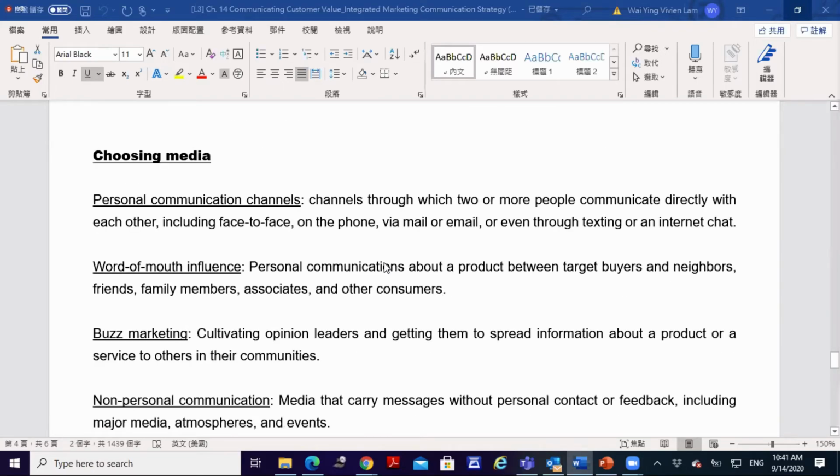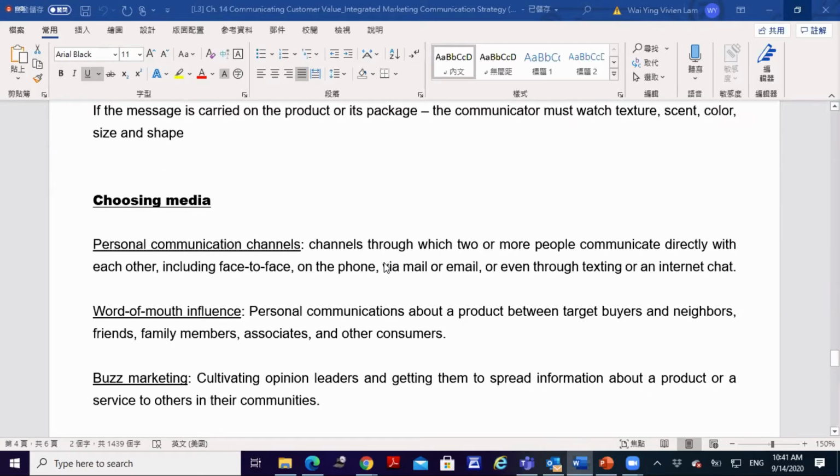This one is buzz marketing, okay? That means you try to let others talk about your product, spreading information. You need people to keep talking, because if they don't talk about it, they will forget you. So you create some noise, that's buzz marketing. Let the others talk about you.